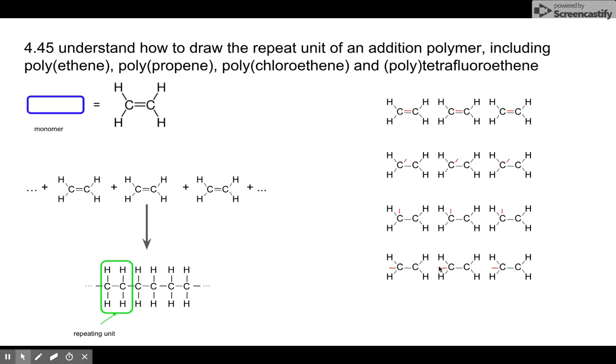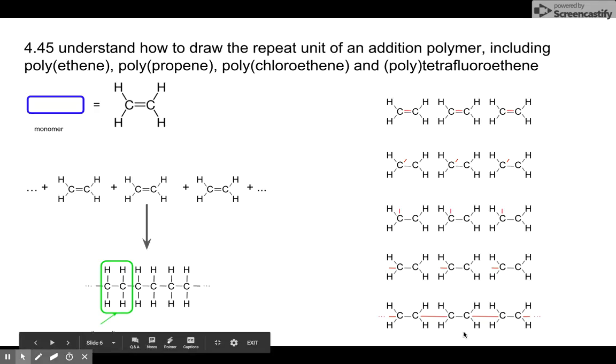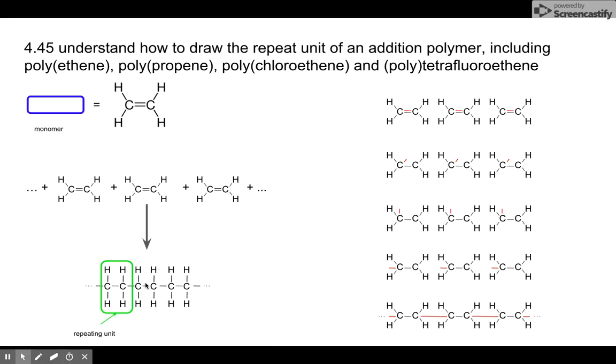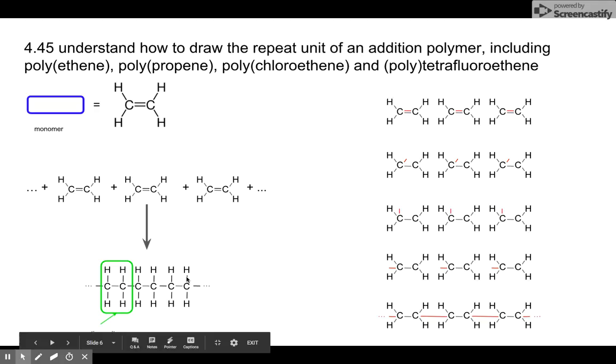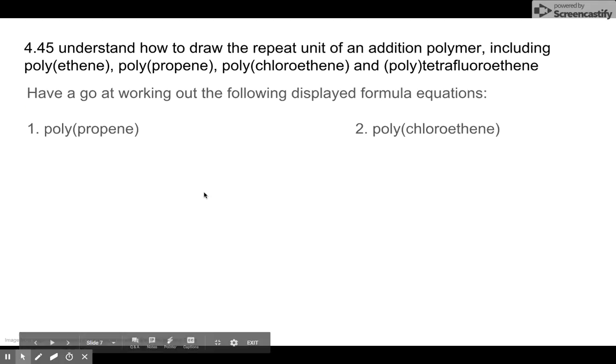This bond is shared between these 2 carbons. The same would happen here to make our long chain. The hydrogens are bent, but essentially it's the same molecule. So one of those carbon-carbon double bonds flips up and goes round, and eventually it bonds together to make your long chain. Okay?